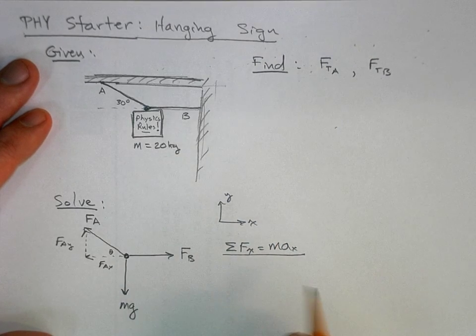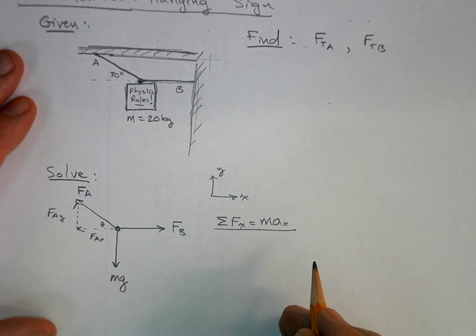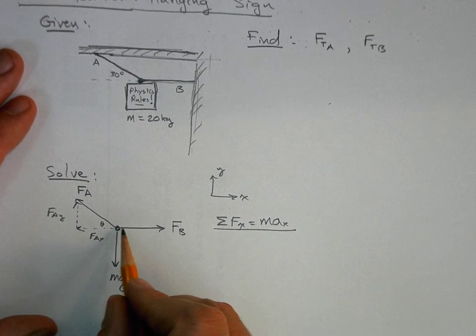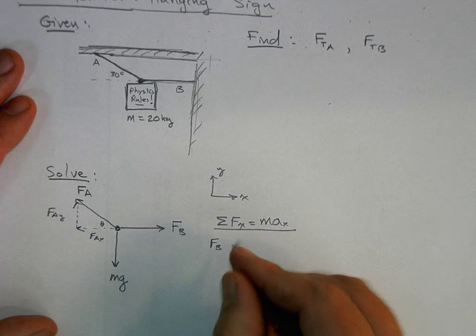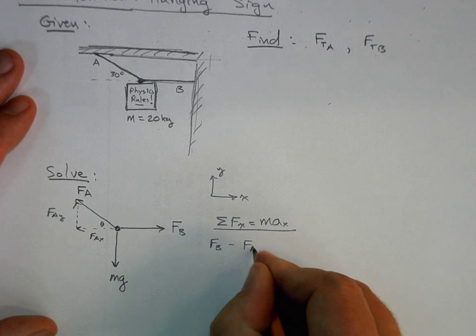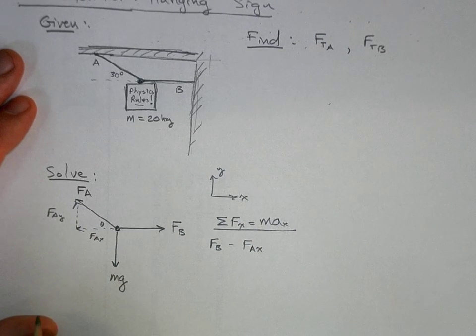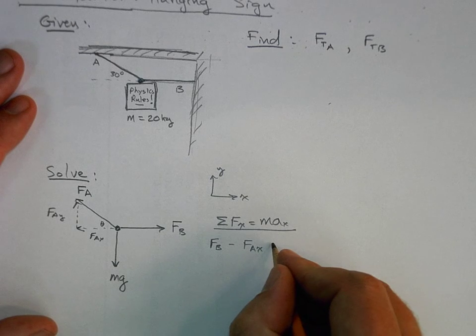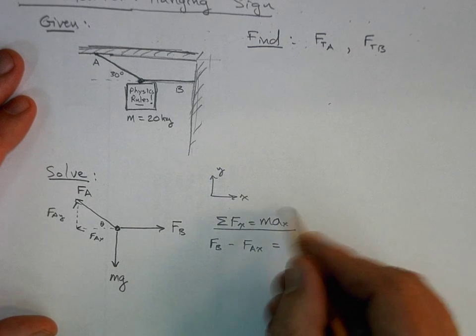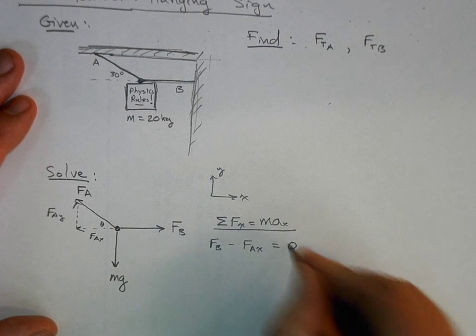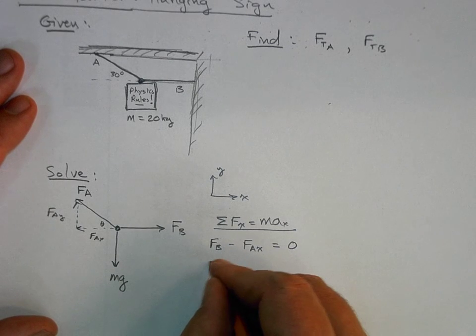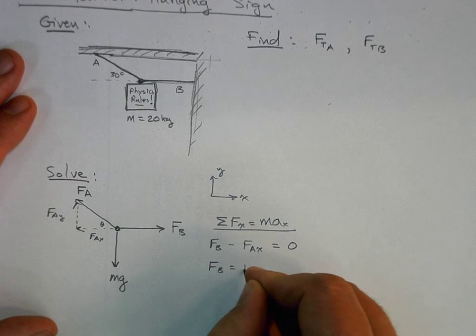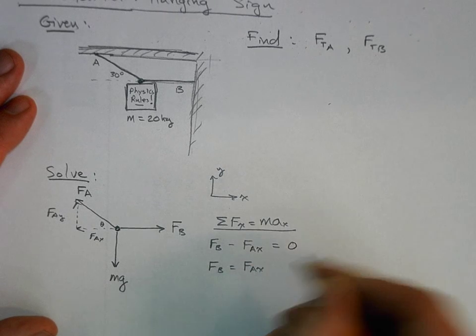Then we look at the free body diagram. In the x direction, I've got F sub B, and then I've got minus FA in the x, and that's going to be equal to 0. So what does this tell me? FB is going to be equal to FA in the x direction.